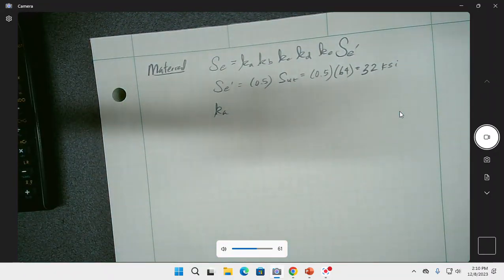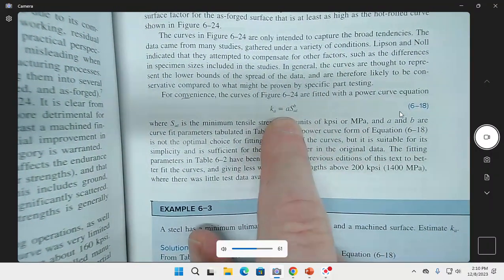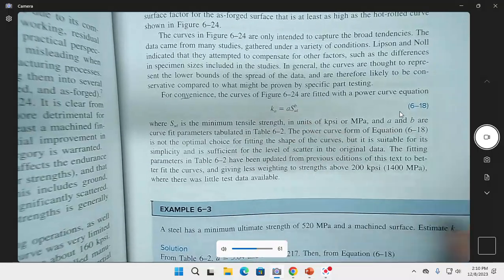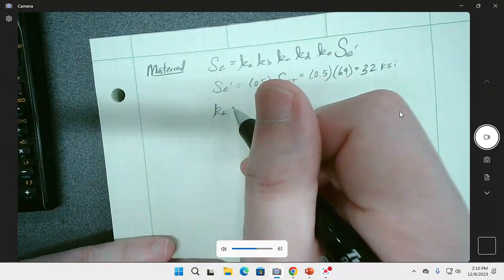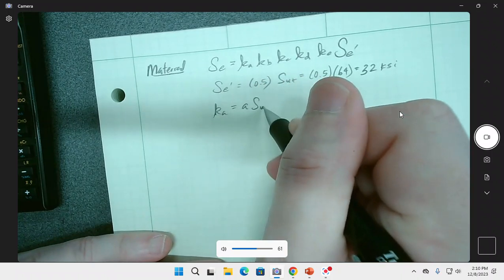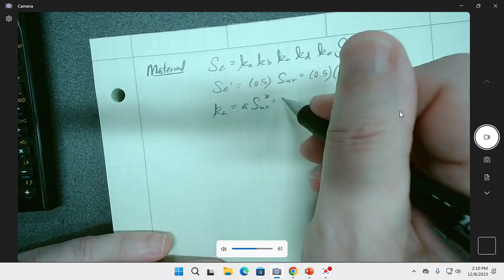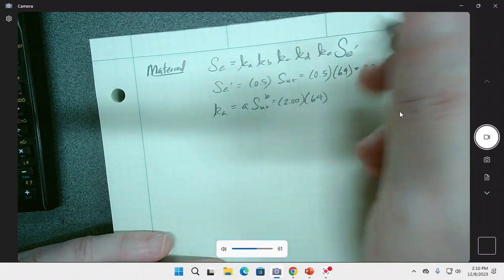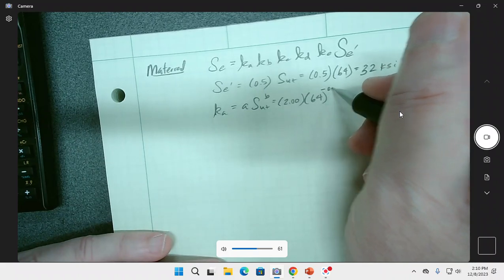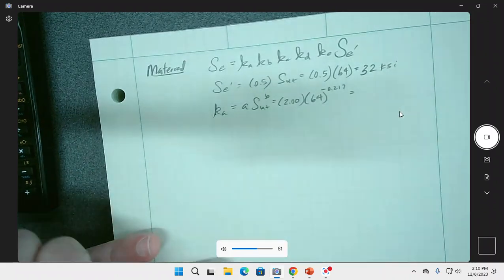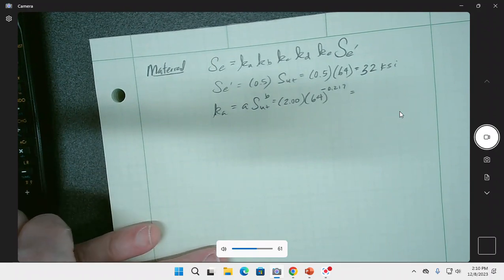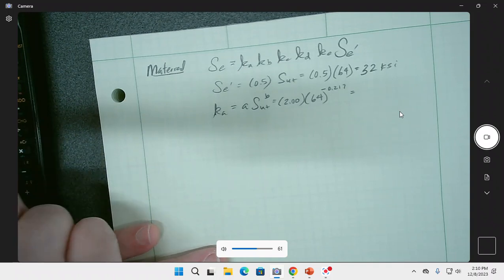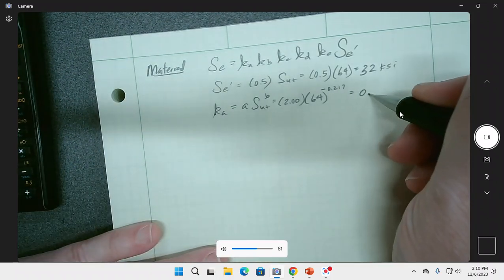That's applied to this equation: Ka equals a Sut to the b. So 2.0064 raised to the negative 0.217. And if you get a stupid number, double check what you did.